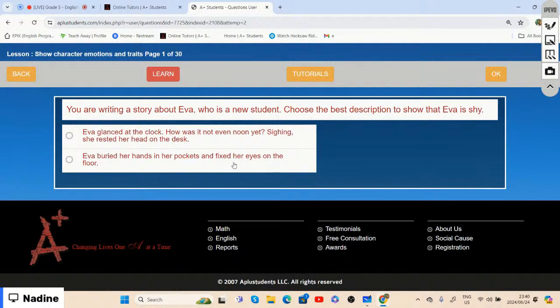Is it option one, where Eva glanced at her clock? How was it not even noon yet? Sighing, she rested her head on the desk. Or is it option two, where Eva buried her hands in her pockets and fixed her eyes on the floor? So is it option one or option two?